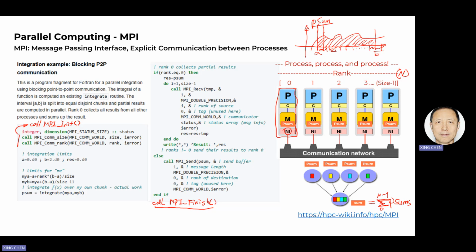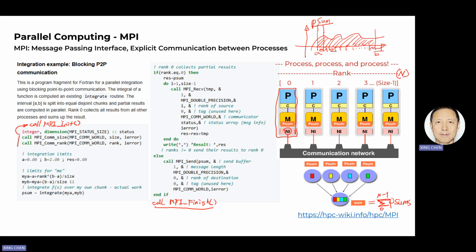Actually, let's try to understand the MPI initialization and the MPI finalization. The MPI initialization is to set up the communication scheme between the n computing nodes. And the last functional call, MPI finalization, MPI finish, is to destroy this MPI communication infrastructure.